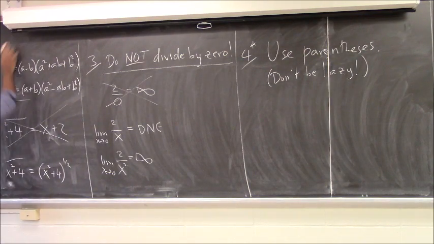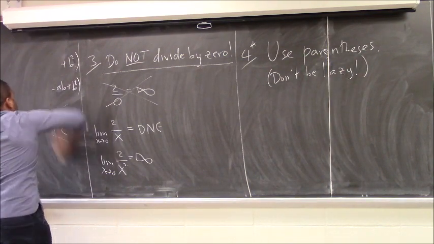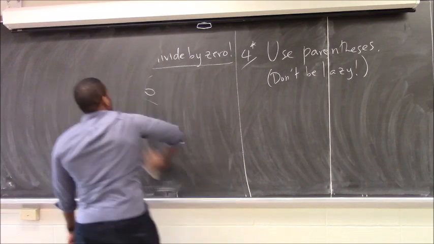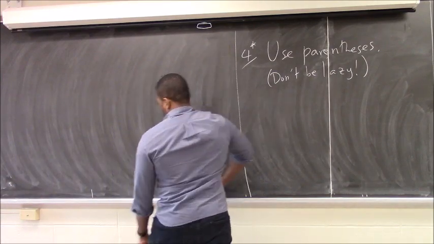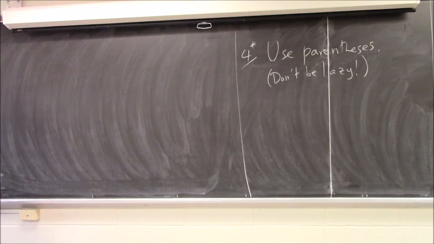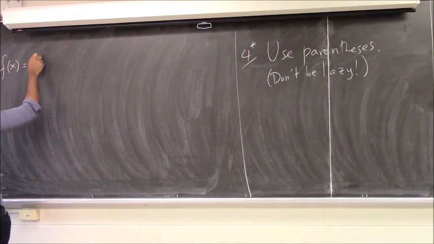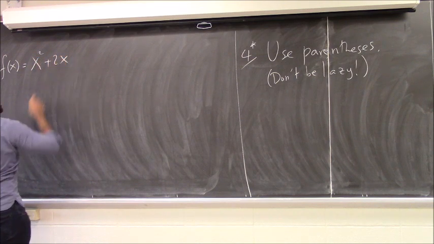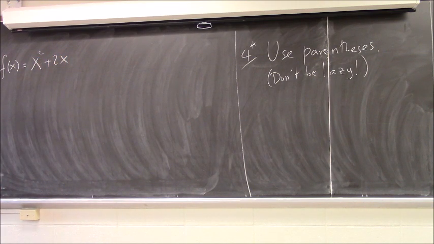Let's see where our algebra skills are on the first day of class. Let's say I told you f of x is the function x squared plus 2x, and I asked you to compute this expression.